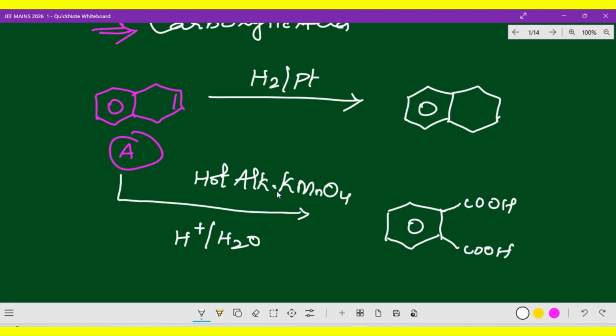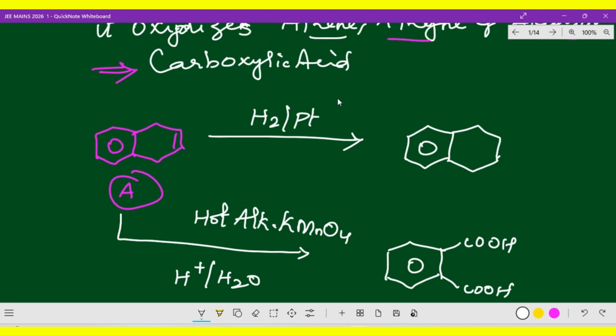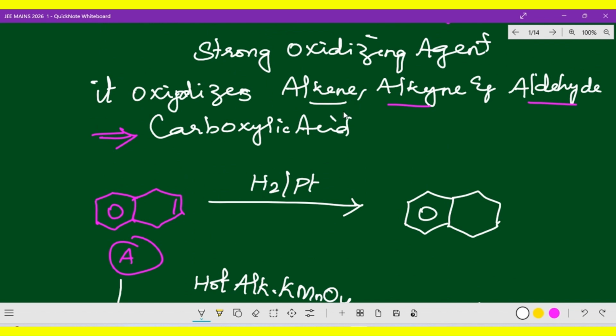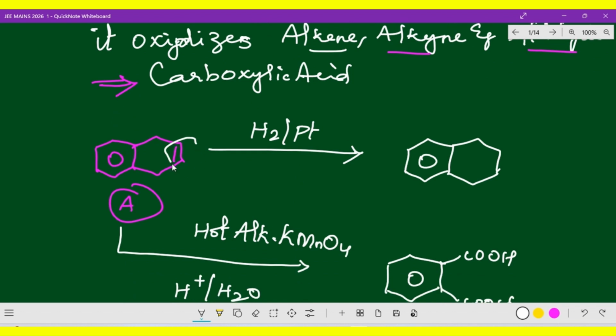So aldehydes, alkenes, alkynes, whichever compound is attached to the aromatic ring, automatically convert to carboxylic acid. Here the double bond breaks and changes to carboxylic acid, and in the same way the double bond breaks in hydrogenation and you get the alkane.